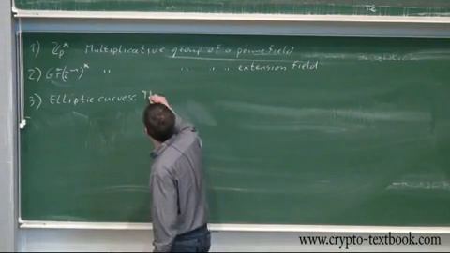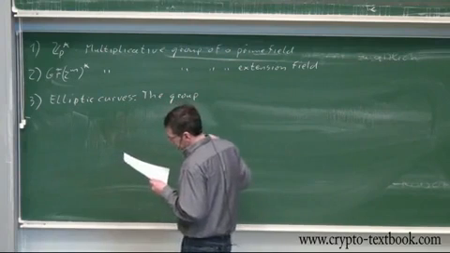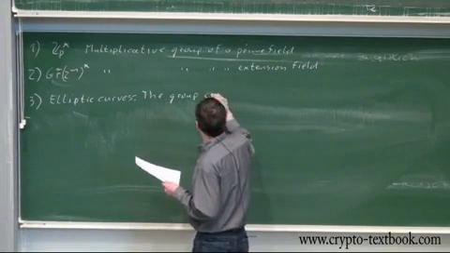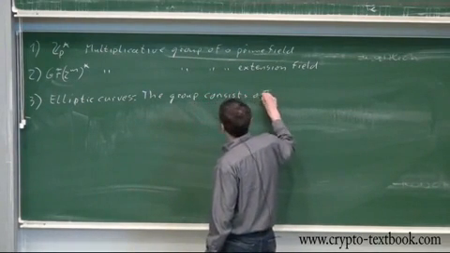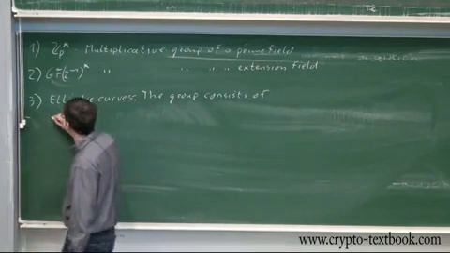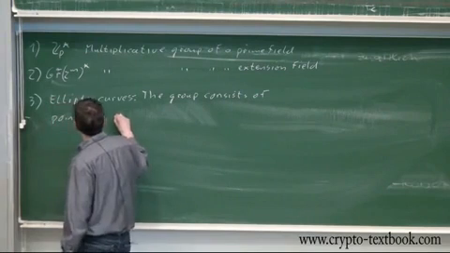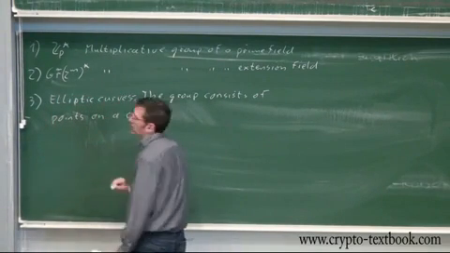The group consists of points on a curve.